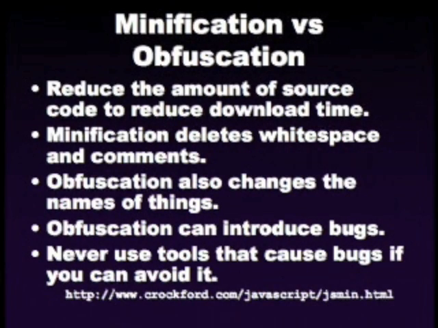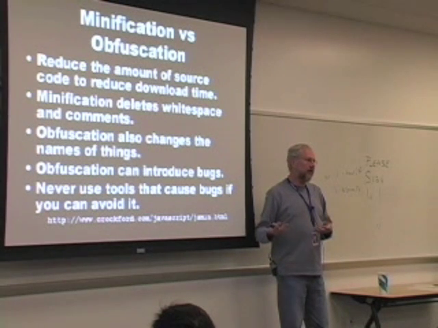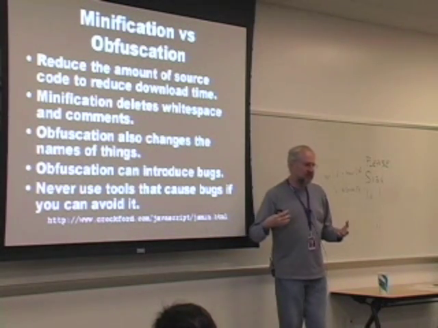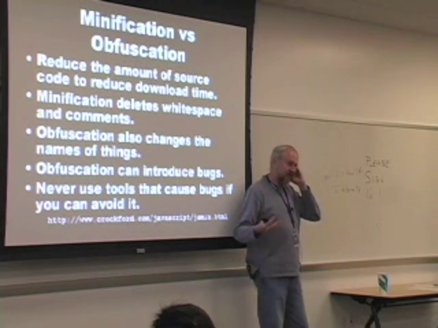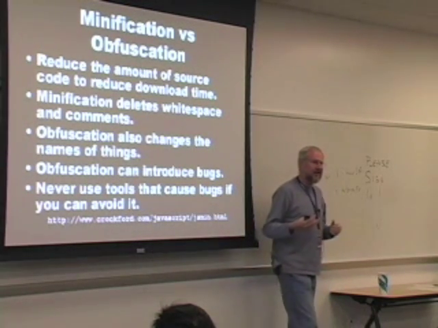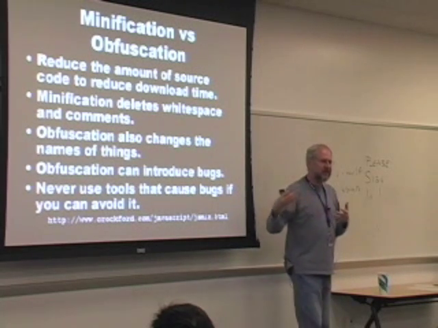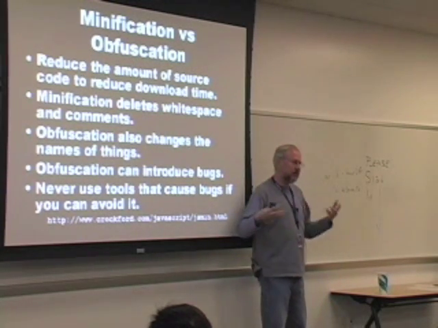So minification does that. There's another technique which is related to minification called obfuscation, which attempts to go further. It will look at long names and try to change them into short names. The problem with that is in a language as dynamic as JavaScript, that can introduce errors. I mean, the scope rules in JavaScript can be a little difficult to understand, as we've seen, and there's an equivalence between dot notation and subscript notation.